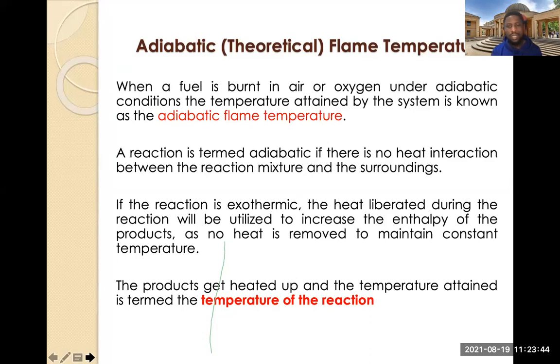So it's when there's no heat interaction between the reaction mixture and the surroundings. So no heat interaction, but there is heat within the system. Take note: there is no heat interaction, but there is heat within the system.